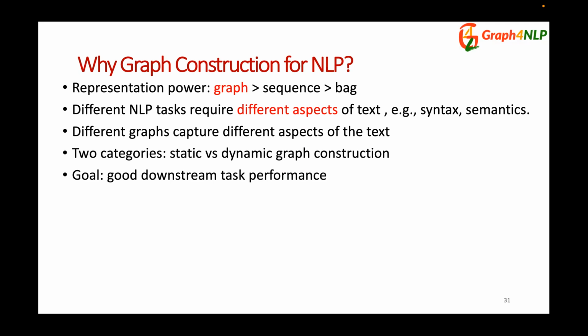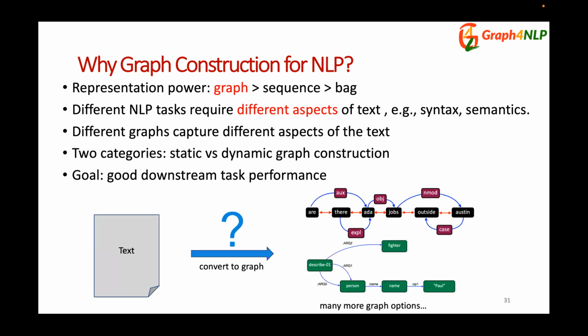We know that different NLP tasks require different aspects of the text, such as syntax, semantics, information. In the meanwhile, different graphs capture different aspects of the text. Therefore, how to convert the text to a graph is an important yet challenging problem, which really depends on which aspects of the information we want to capture in a text graph.